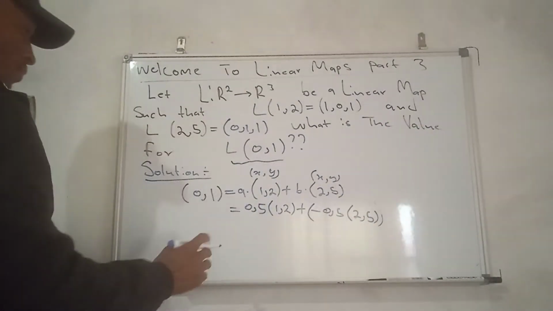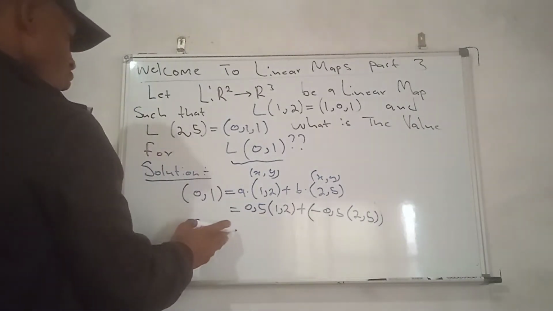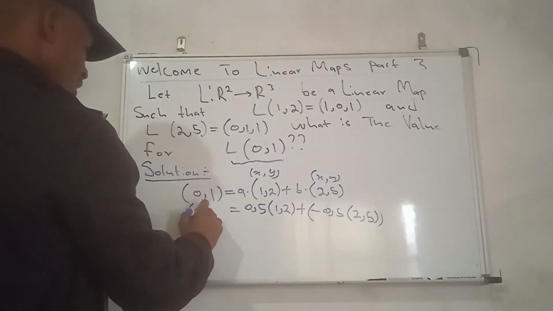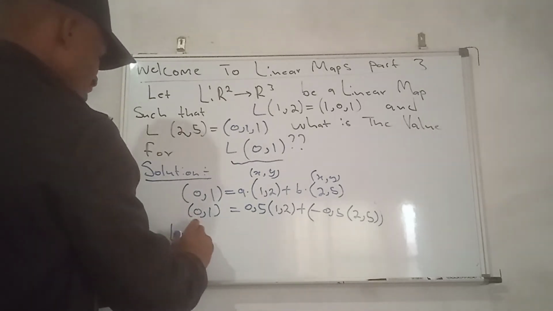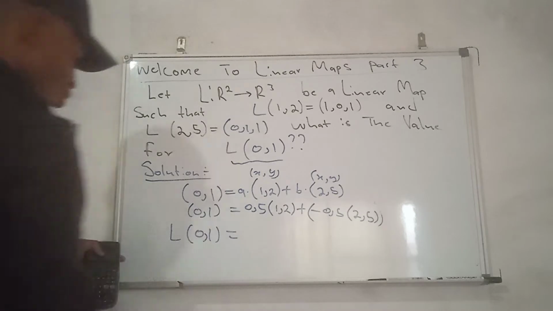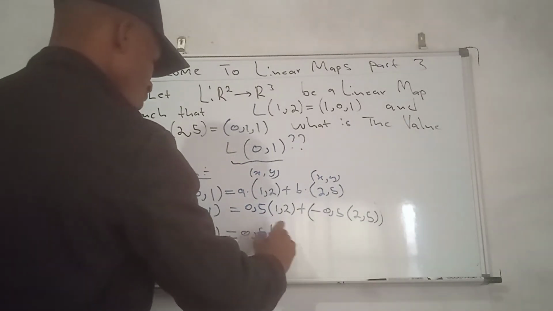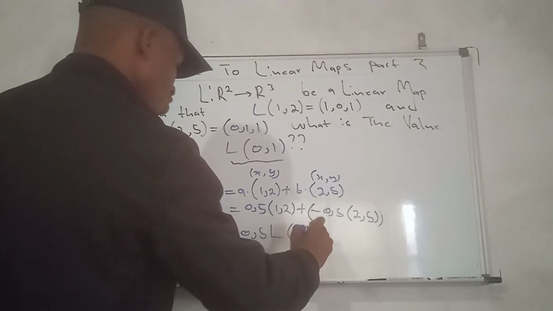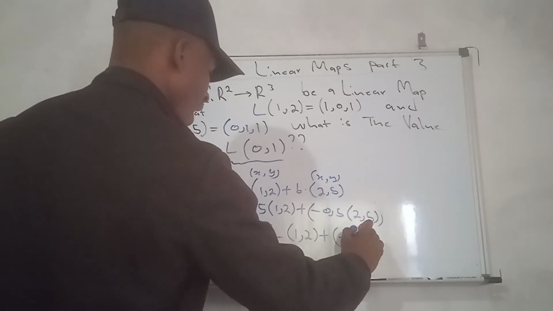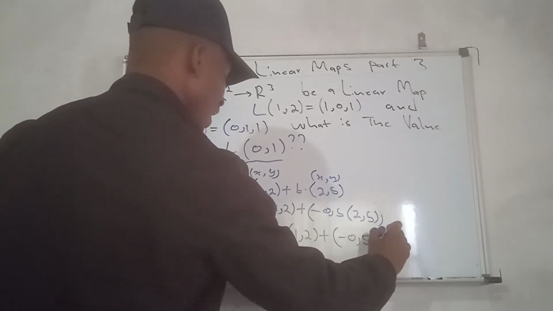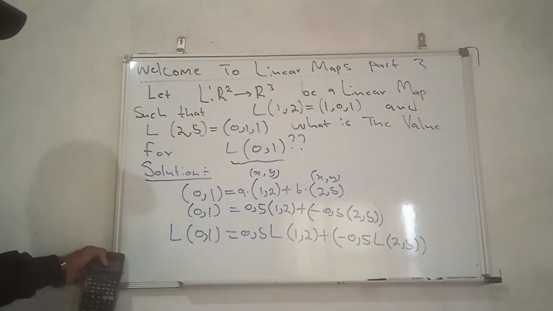Since we are here, we can say that our L(0, 1) equals 0.5, remember 0.5 is a scalar, times (1, 2), plus minus 0.5 times (2, 5). I'm introducing L to our equation.